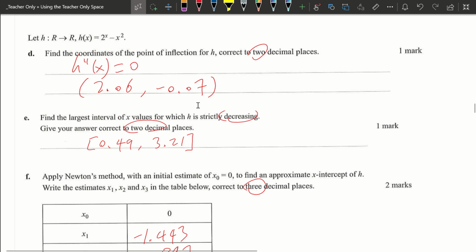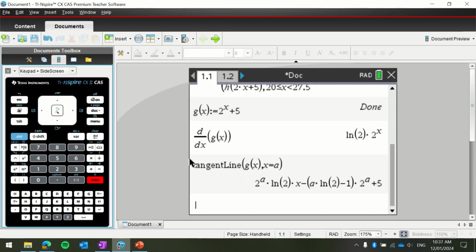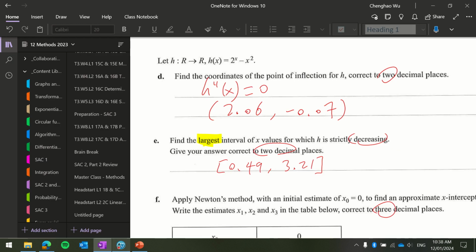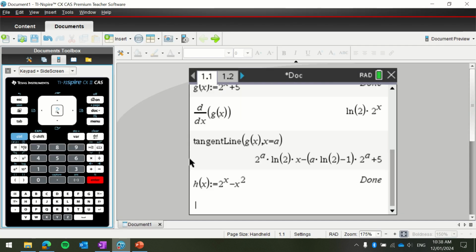Okay, next question. Find the largest interval of x values for which h is strictly decreasing. Give your answer correct to 2 decimal places. Largest interval, that's an important word. So let's have a look. h is 2 to the power of x minus x squared.